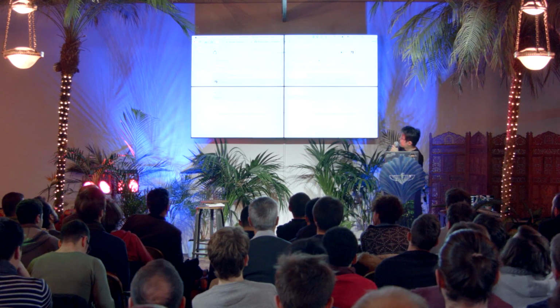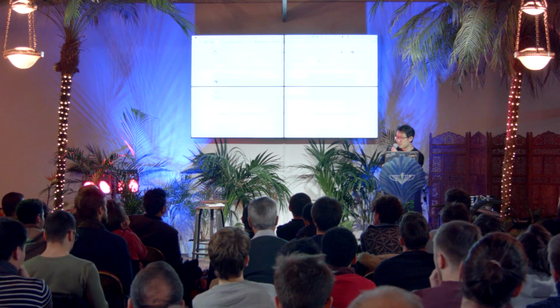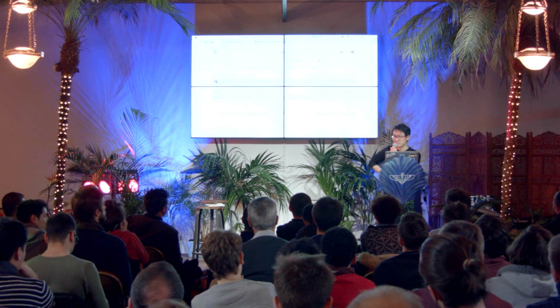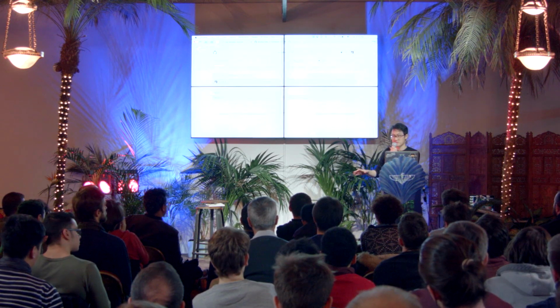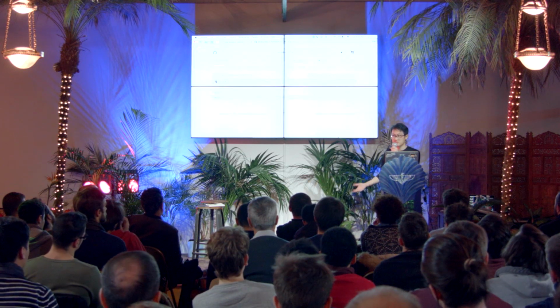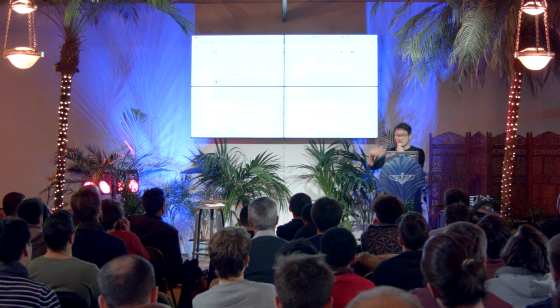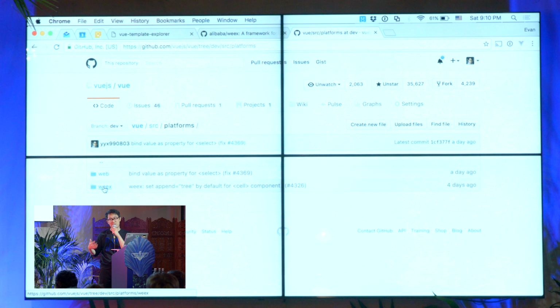But we make a bunch of different design decisions because, for example, React Native has a lot of React Native-specific APIs, and we try to do that as little as possible. We want to allow you to use Vue Router and Vuex inside your Weeks applications. You basically have exactly the same development paradigm instead of only being able to share components.